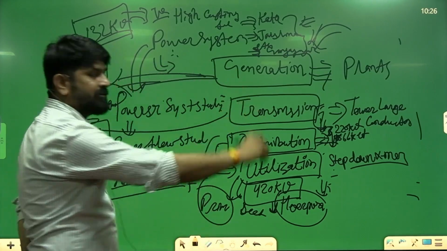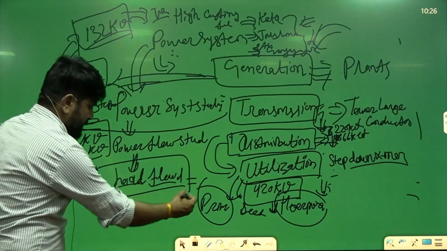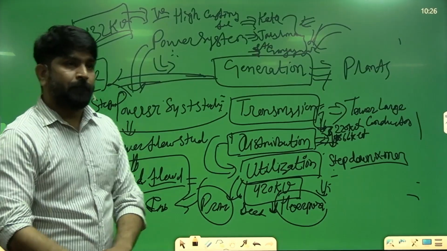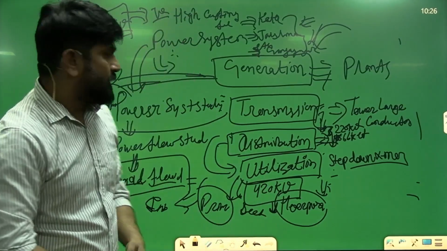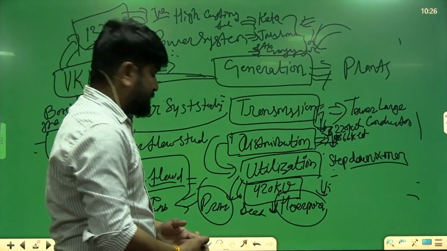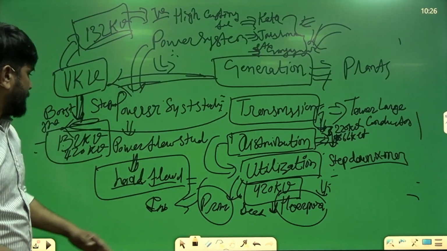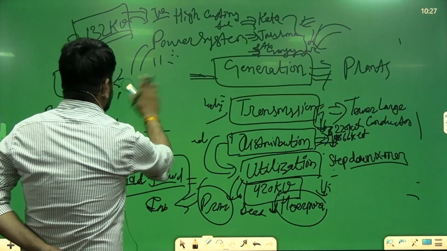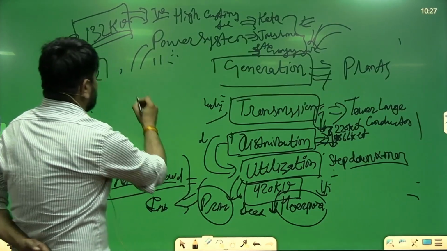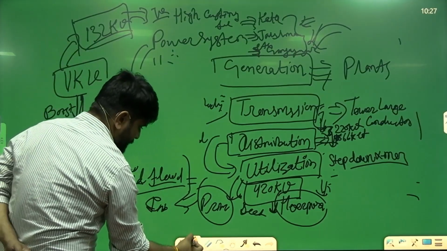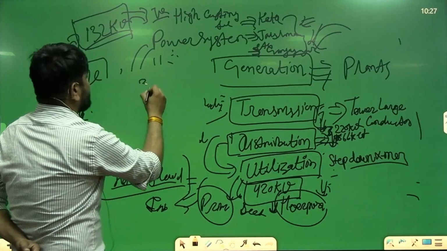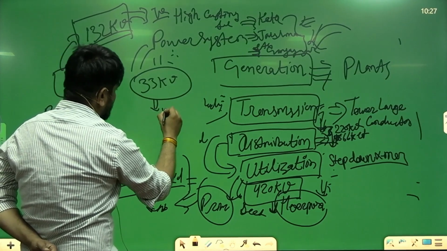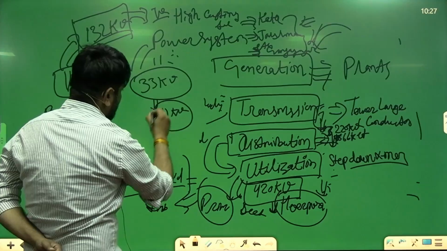Primary utilizers are industries, hospitals, schools, and other large-scale industries. They use 33 kV or 11 kV electricity directly.